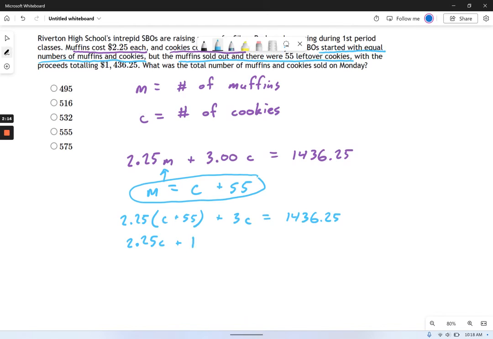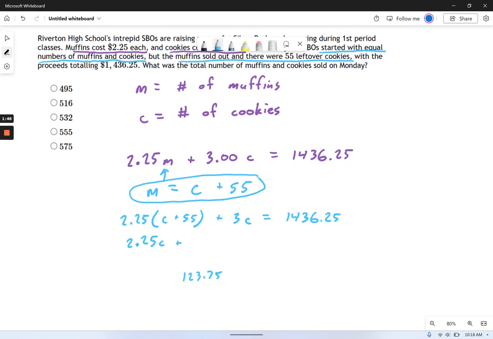Here I am without a calculator. 110 divided by 4, 55 divided by 4. Well, 1375. Okay, so we've got plus 123.75. Great.